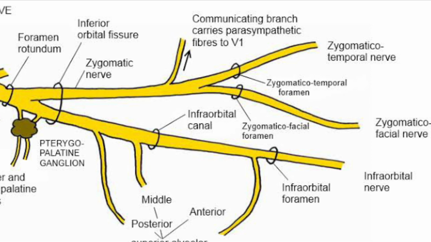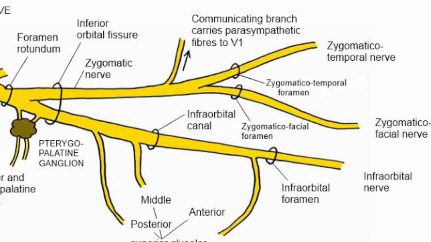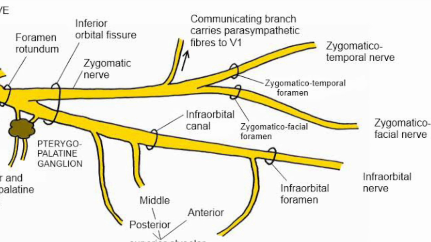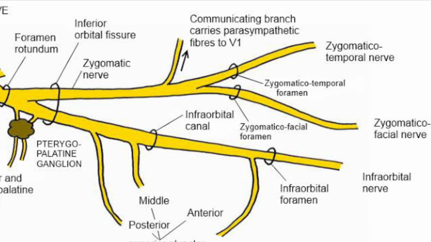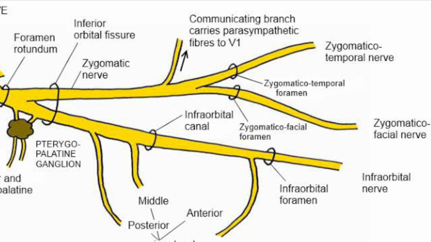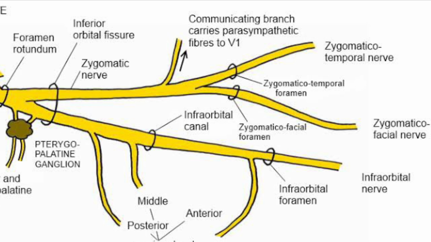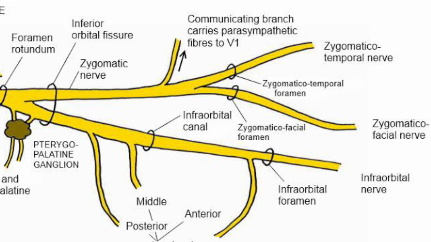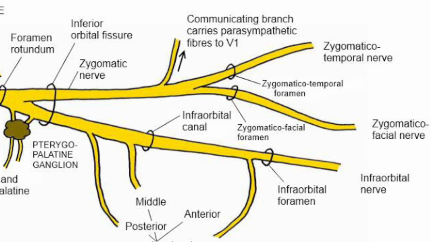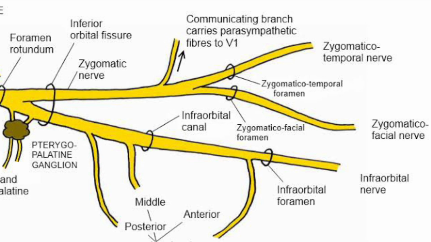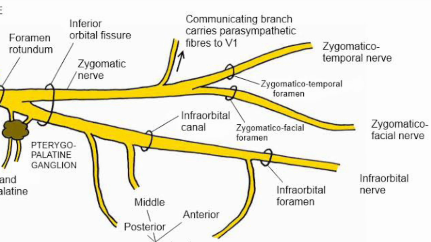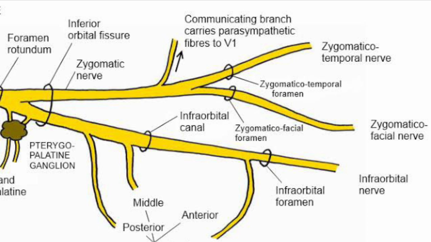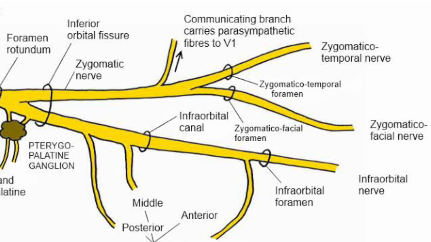The pterygopalatine or sphenopalatine ganglion. This is a very large ganglion which is suspended from the maxillary division deep in the pterygopalatine fossa. It receives its main contribution from the nerve of the pterygoid canal. This carries preganglionic parasympathetic fibers derived from the pontine lacrimatory nucleus by the nervus intermedius of the facial nerve, and sympathetic elements derived from the fibers around the middle meningeal artery.